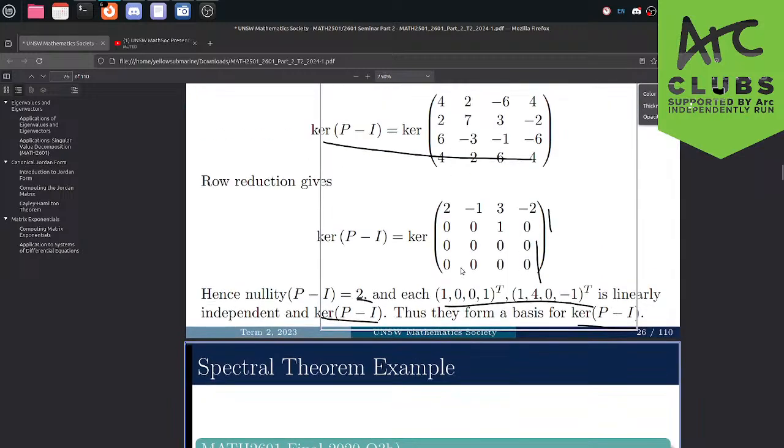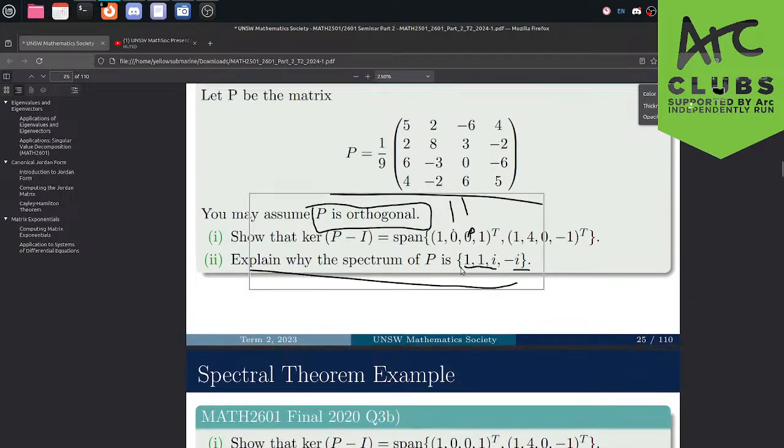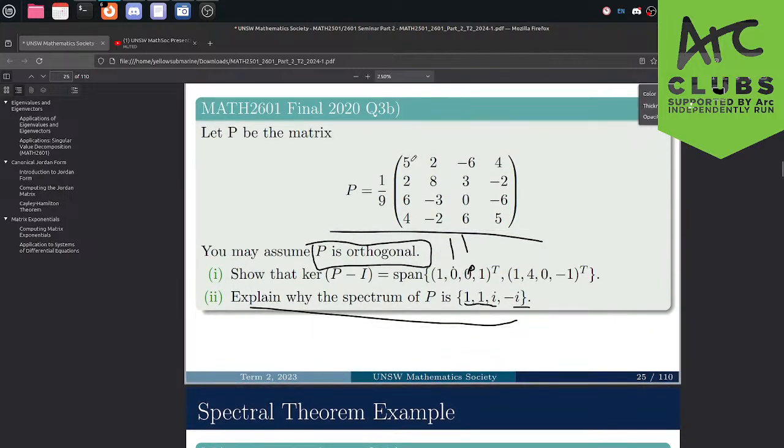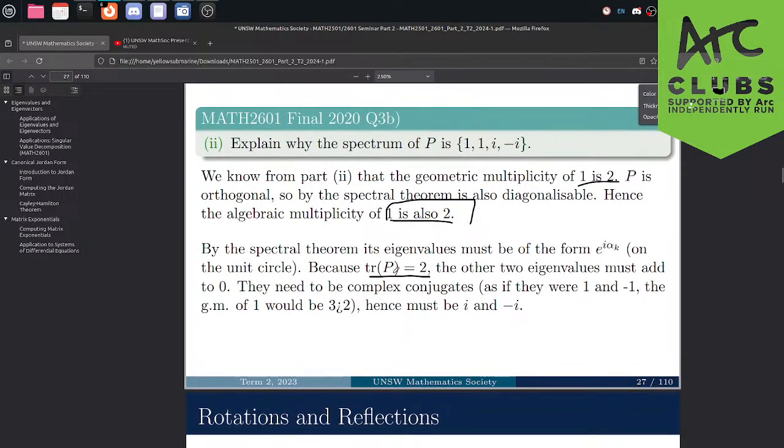There's a couple of ways you can go from this. If you know its eigenvalues lie on the unit circle, but all of these entries are real, the trace is real. We have 2 real eigenvalues, so the 2 remaining eigenvalues must be conjugates of each other. Alternatively, you find the trace is directly equal to 2. 2 of the eigenvalues are 1, and so your 2 remaining eigenvalues must be i and negative i.